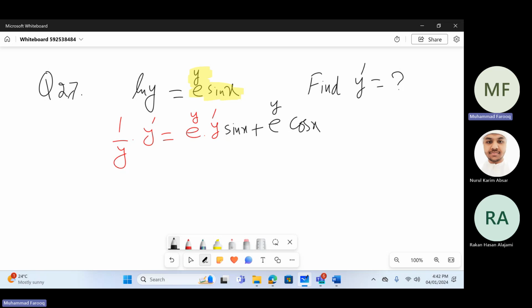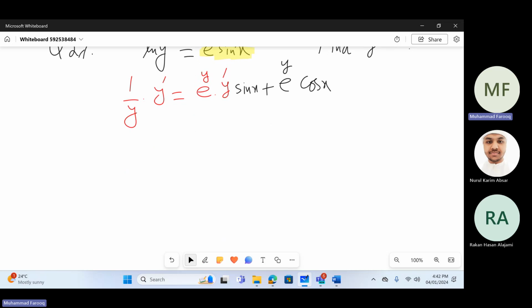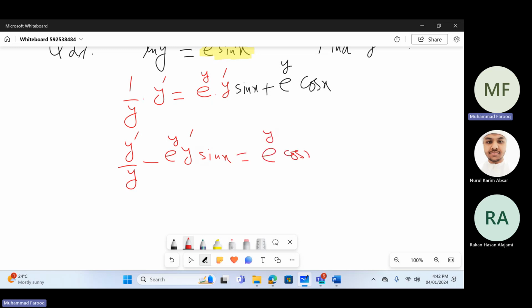Here we have y prime, so this term we can move to this side, because my objective is y prime. We have to take y prime completely to one side. So this is y prime, bring this here, minus y prime e^y sin x is equal to y cos x.